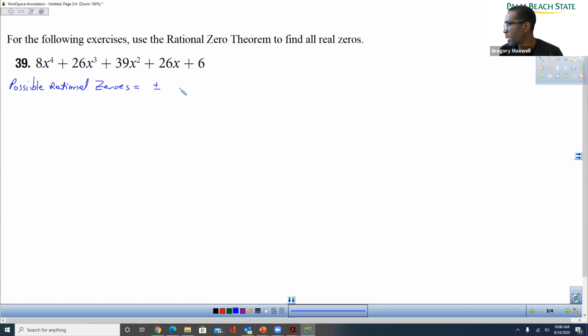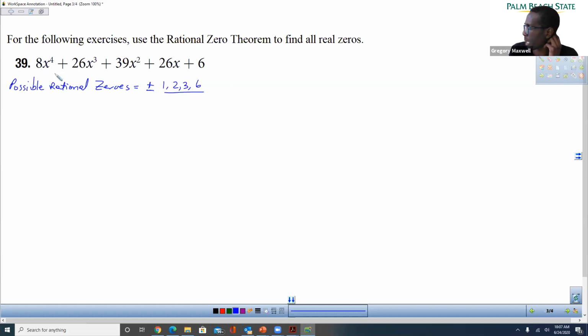What are the factors of 6? 1, 3, 2, and 6. So 1, 2, 3, 6 divided by the possible factors of 8.